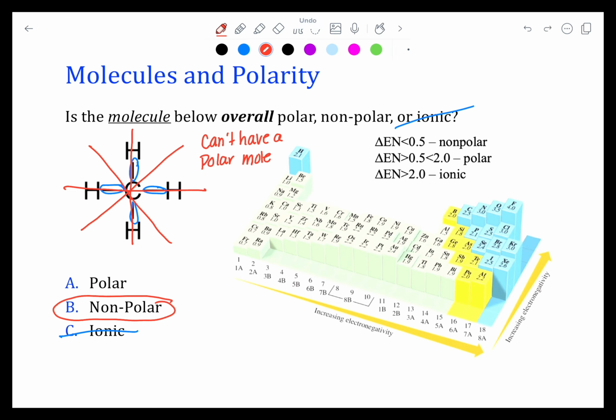So because all of my bonds are nonpolar, the molecule overall is nonpolar. It's also very symmetric, suggesting that it's also nonpolar.